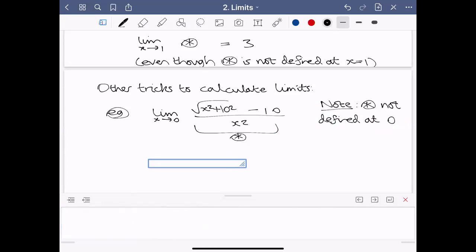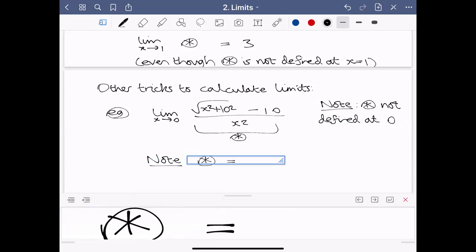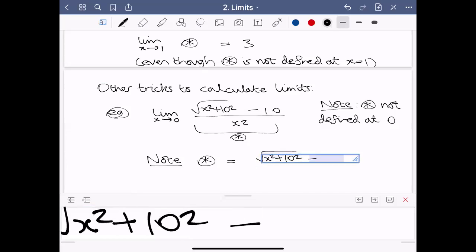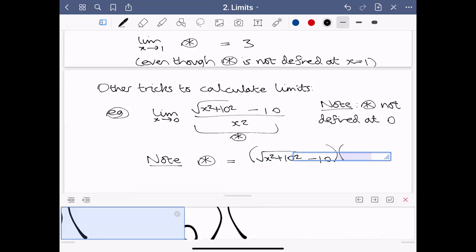So if I multiply the top and the bottom by something to simplify the top, I'll write down what I use and then you can see why it works.